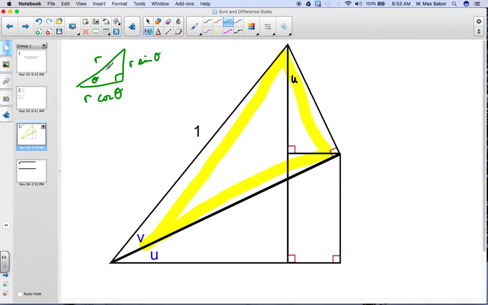And cosine is adjacent over hypotenuse, so r cosine theta over r will be cosine theta. So what we can do is say 1 times sine theta is going to be over here. So we're going to have sine of, well, what's the angle? V. And this side is the adjacent side, so I can say this is cosine of V.